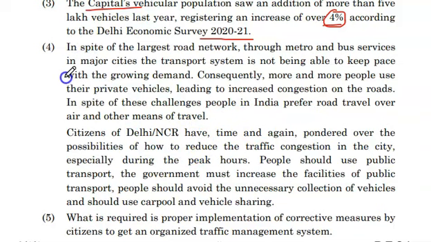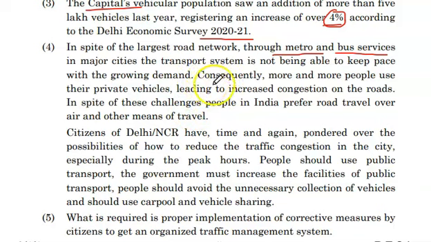So in this part of paragraph number 4, we come to know that so far as Delhi is concerned, it has metro facility, then bus services, yet the city sees an increase in the number of vehicles.